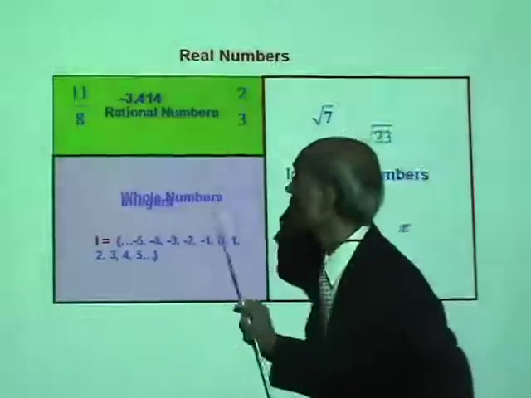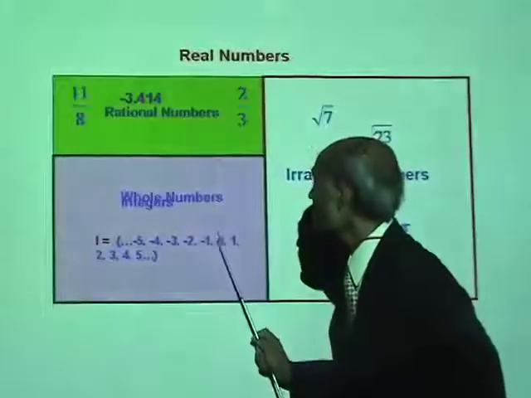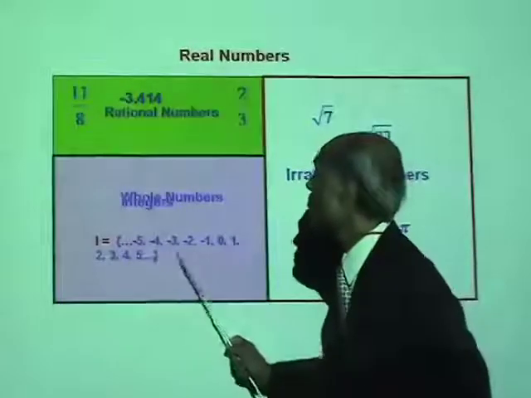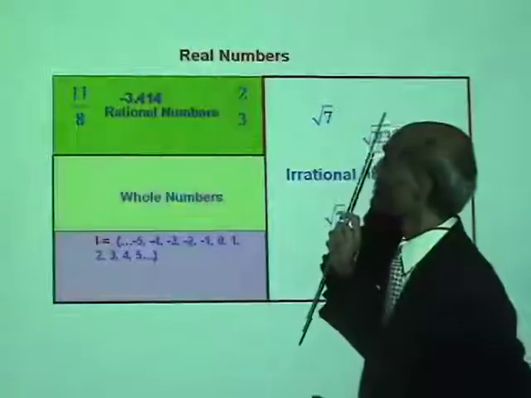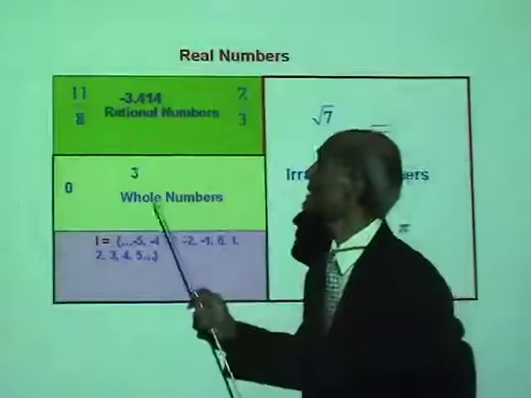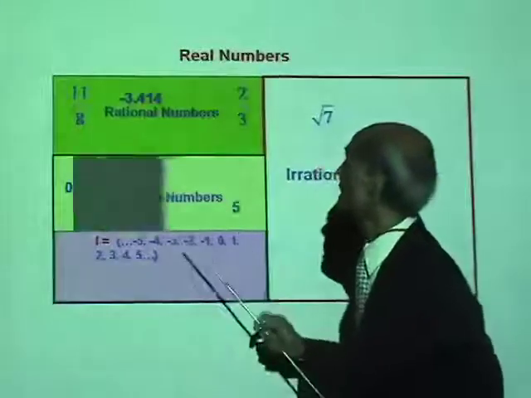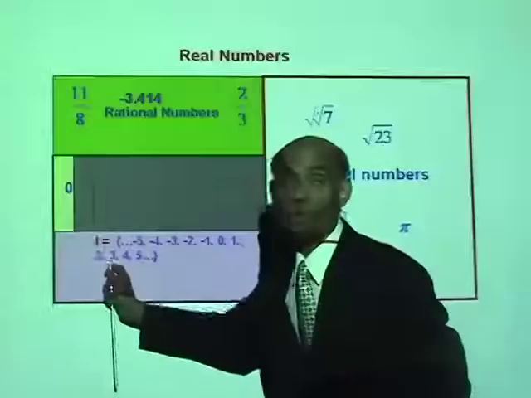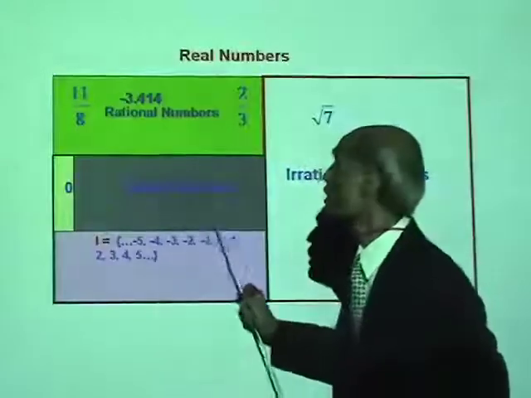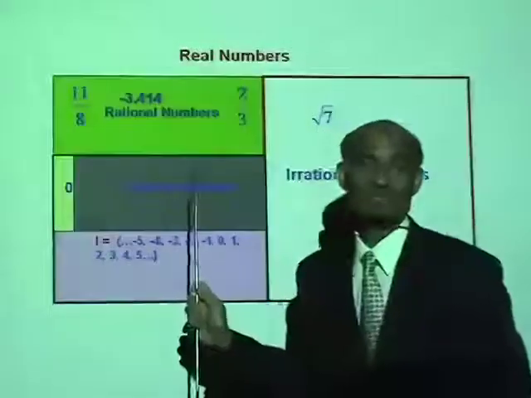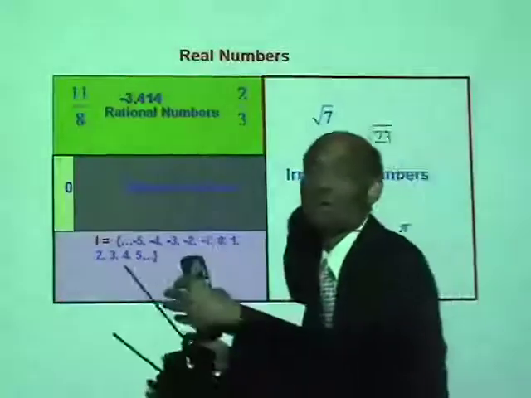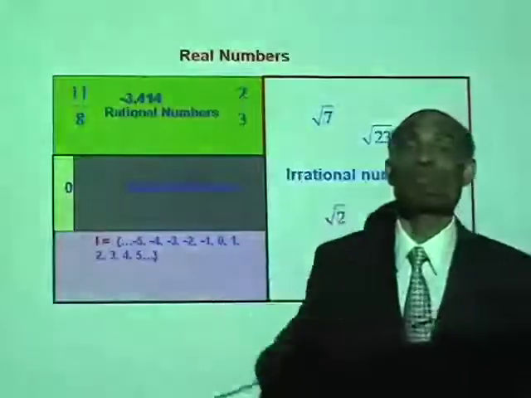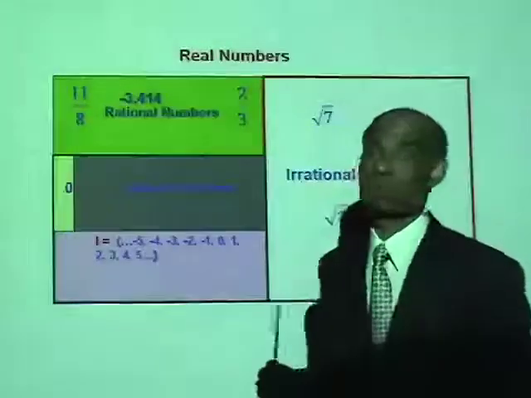And whole numbers are numbers from 0, 1, 2, 3, 4, 5, and so on. And if you take part of the whole numbers, that is your natural numbers. You see, we now went all the way back to where we started.